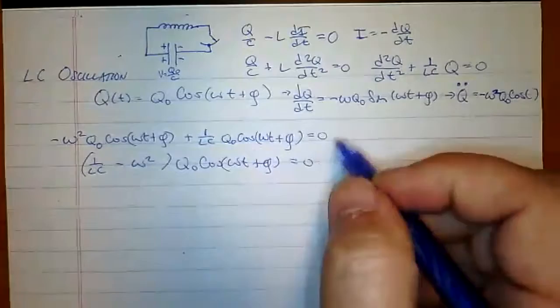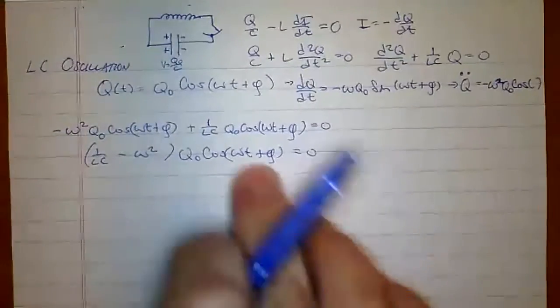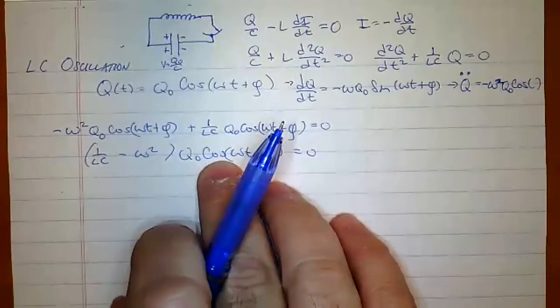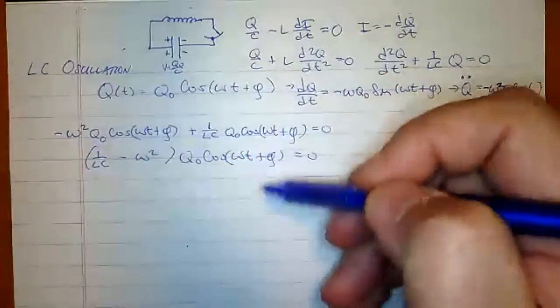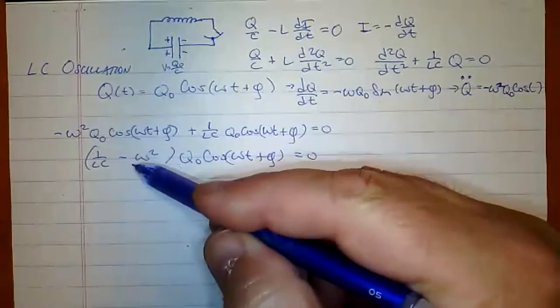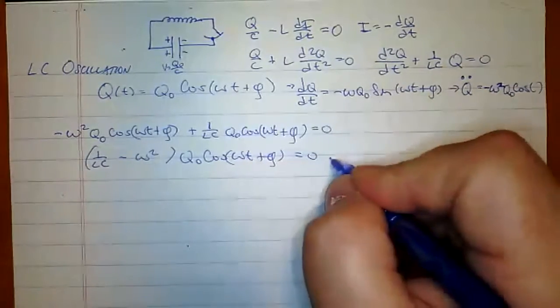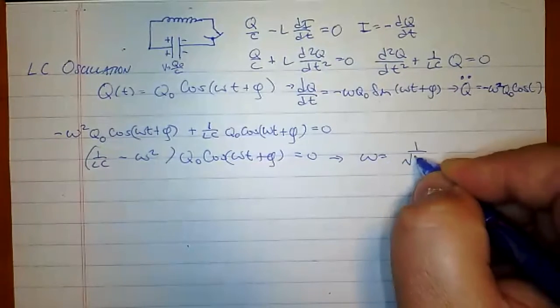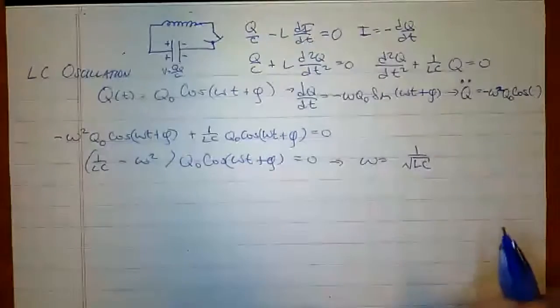Now this differential equation is the general equation from Kirchhoff's loop rule, so it has to be true at all times. And the only way that can be the case, you know, cosine is just going to wiggle back and forth between plus and minus Q0, so the only way that can be true is this must be 0. So from that, we get that omega must be equal to 1 over the square root of LC.